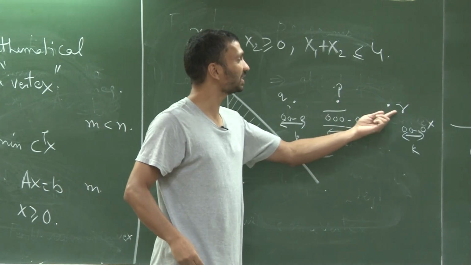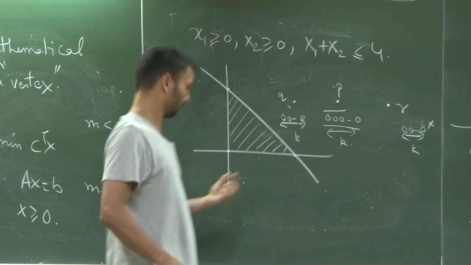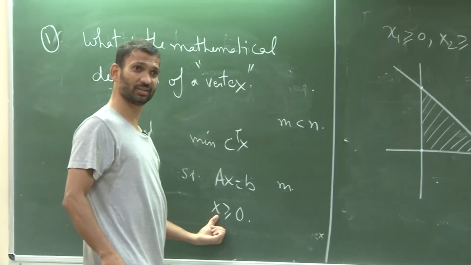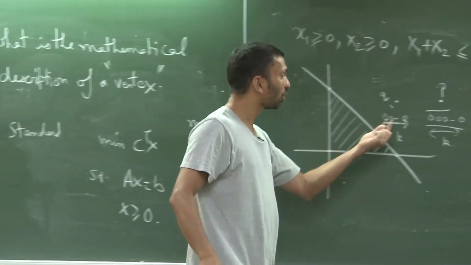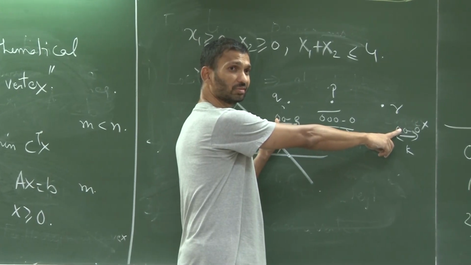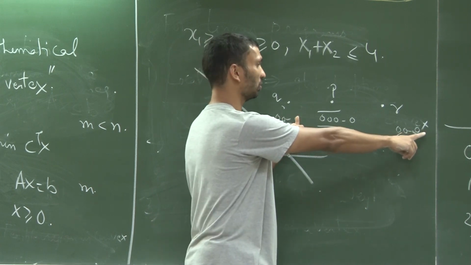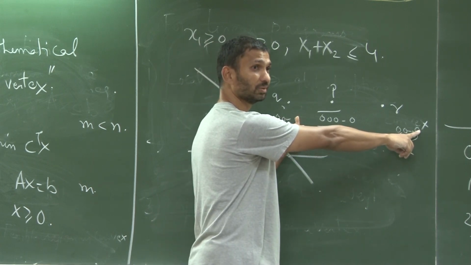Because P is a convex combination of Q and R. All these have to be positive. I have this constraint. If I take a convex combination of this coordinate and this coordinate, it is still going to remain positive. So this has to be 0. This has to be 0. These have to be 0. Agreed?